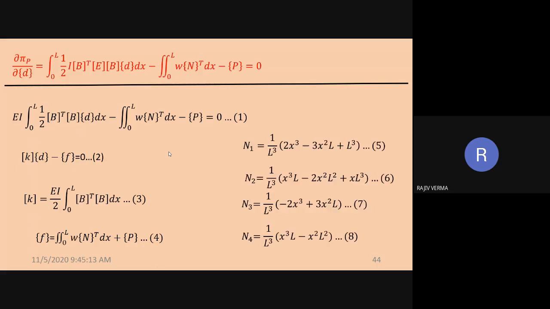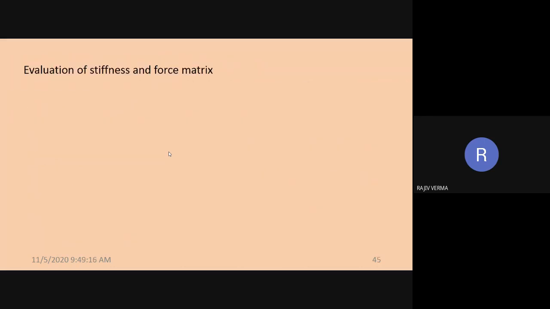And the shape functions given by equation number 5, 6, 7 and 8, in fact they have been derived earlier in the lecture when we were discussing the cubic polynomial to represent the displacement field. So we basically know the shape functions also. Now the stiffness term, which is given by equation number 1, and the force term given by equation number 2.